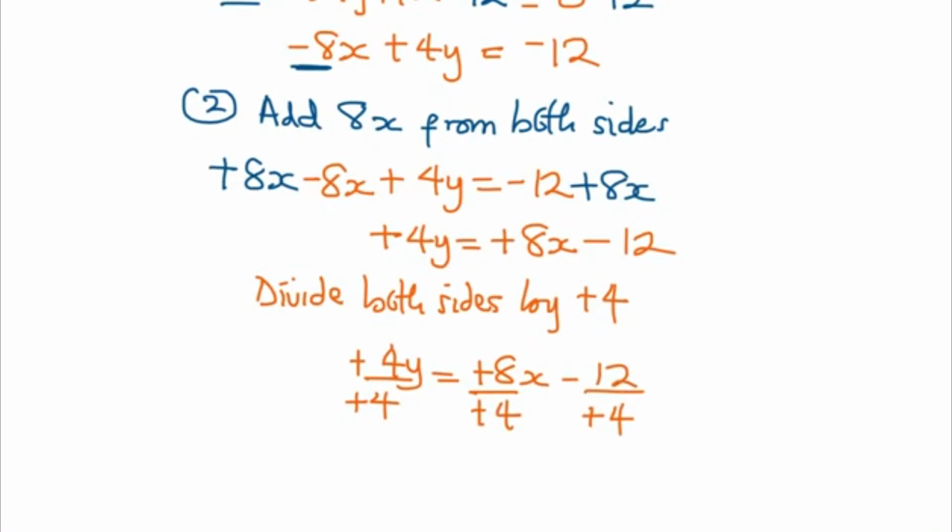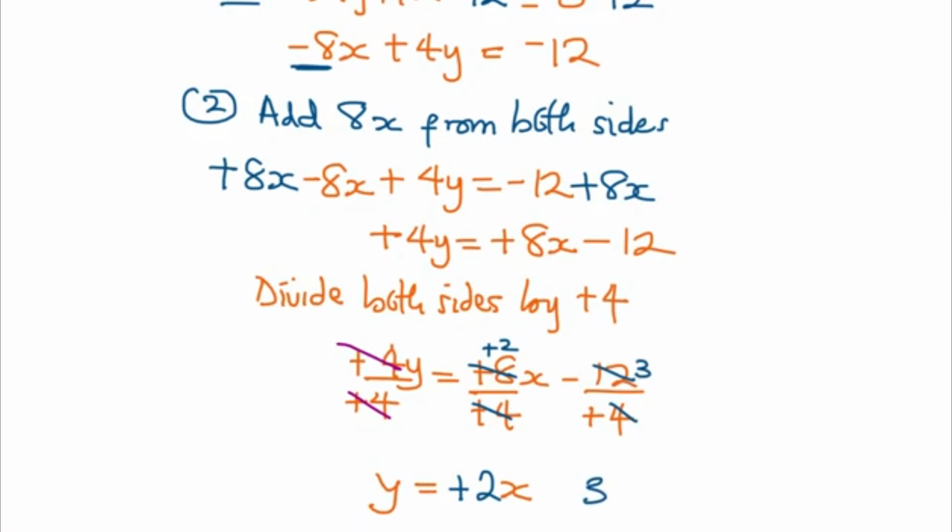So as a result, this cancels, and what we're left with is y, and on this other side here, positive 8 divided by positive 4 gives us positive 2, so this is positive 2x, and then 12 divided by 4 gives us 3, and negative divided by positive gives us negative.